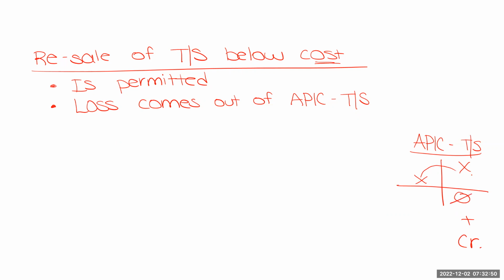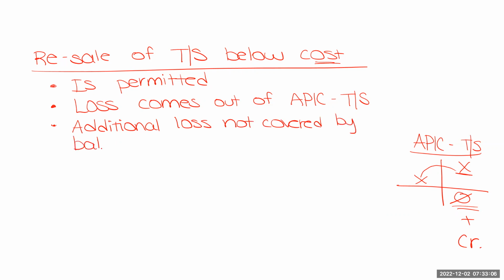You can use up as much as you have in there to bring the account to zero, okay? But if there's an additional loss not covered by the balance in the APIC Treasury account, then retained earnings must be used.